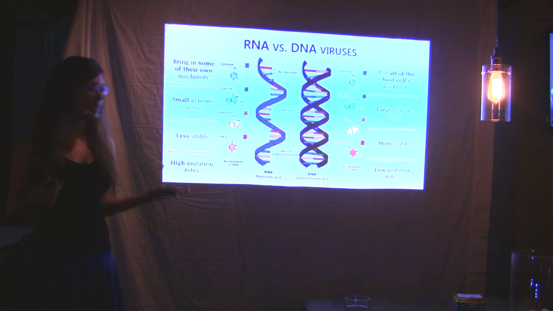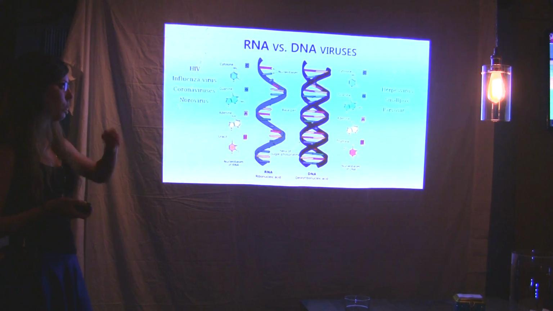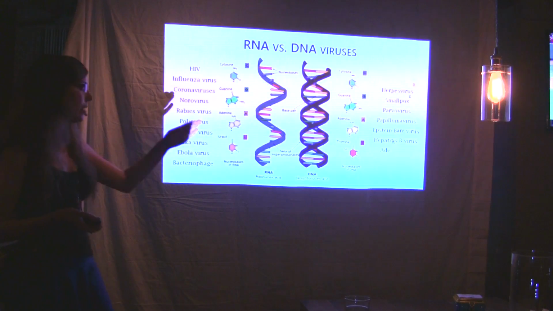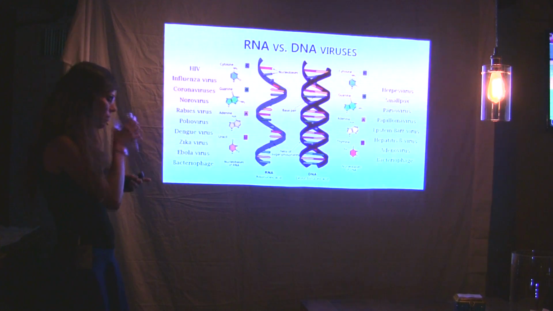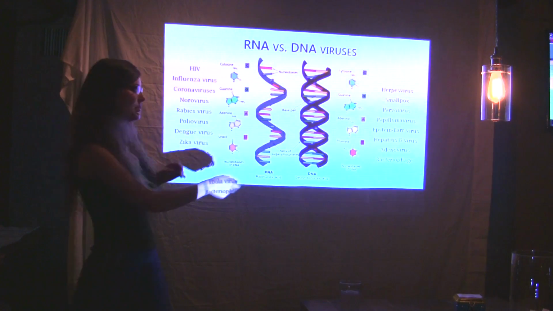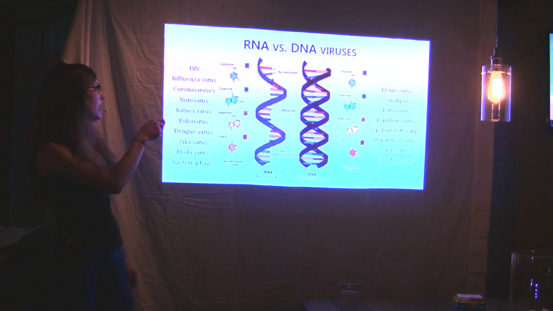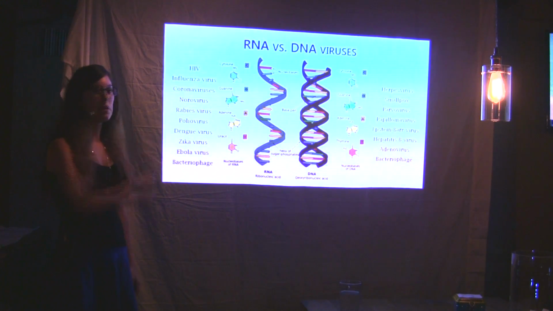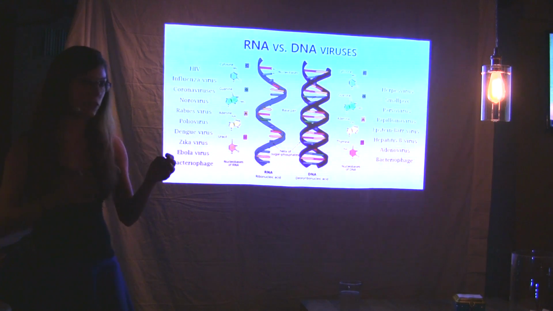So if we think about the differences between RNA and DNA viruses, here are some examples of which of these viruses fall into either RNA or DNA. Hopefully you will recognize some of these up here. We've got Epstein-Barr virus, which I just mentioned, causes mono, herpes, HIV, influenza, norovirus, which is your classic cruise ship virus, causes puke.